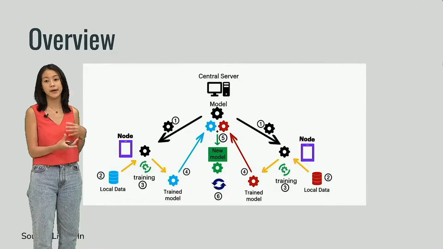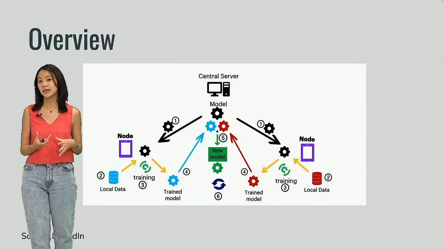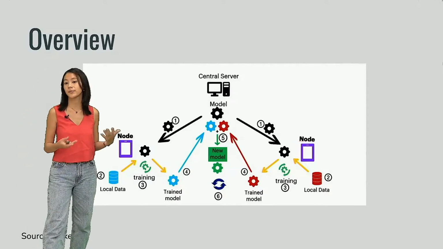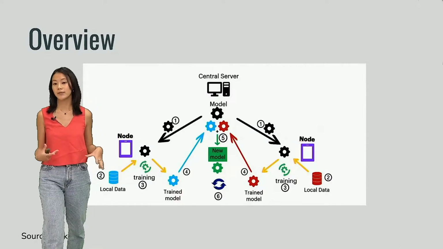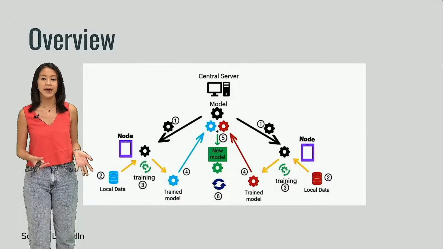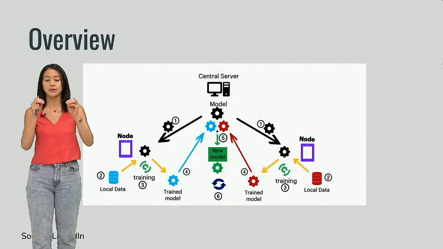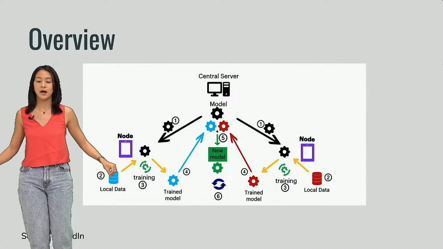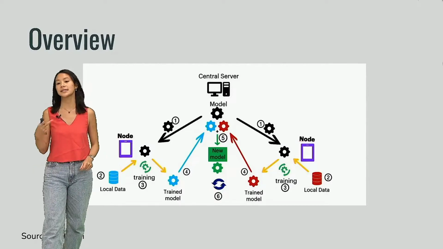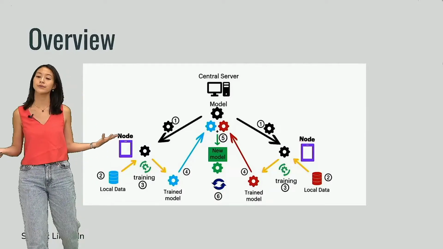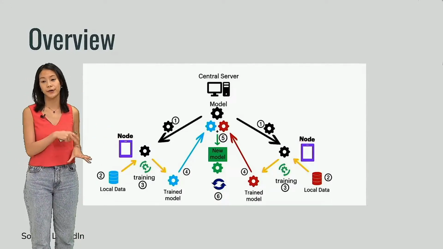So a lot of these are private data sets or private data that you don't really want other people to see, such as photos on your phone or the belongings that you have in your house. And so you use this model to train on the different private data sets that you have on your local machines. Let's take the case of photos on your phone.